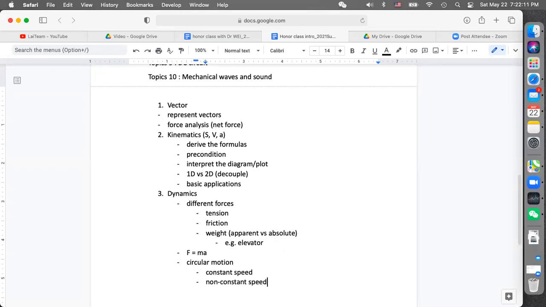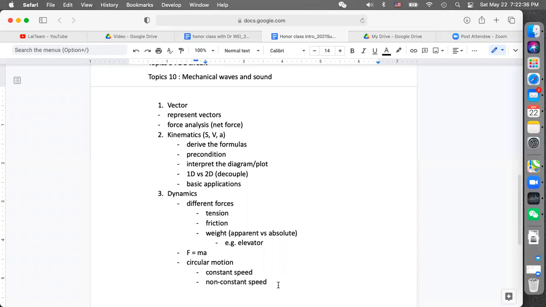We don't need a deep dive. Again, this is a demo, but circular motion is a very interesting area, especially for non-constant speed, because behind it we also want to talk about centripetal force and understand in what scenario centripetal force is the net force, and in what scenario it is not. So we're going to cover that as well.